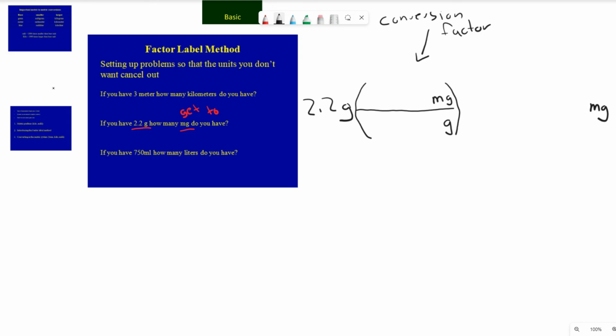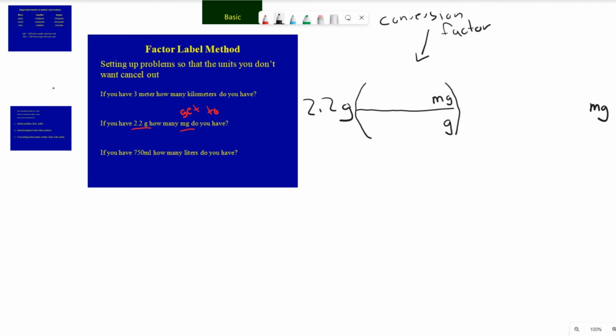Now we need to know, how is a gram and a milligram related to each other? Well, we saw on the previous slide that milli is 1,000 times smaller. So as long as you know that the relationship is 1,000 to 1, you're halfway there. The last part is, where does the 1,000 go and where does the 1 go? Again, you have to ask yourself, of these two units, which of them is the big one?